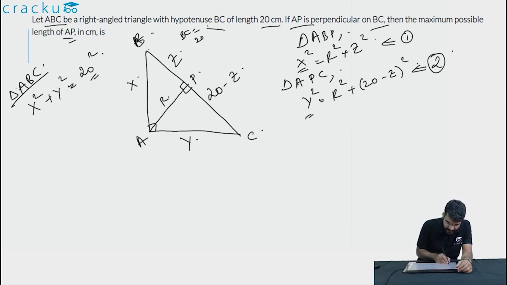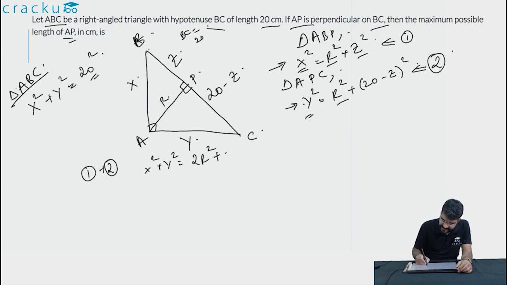So that is what we are going to do next. So we will add 1 plus 2, that is these two equations. So x square plus y square is equal to r square plus r square, so that is equal to 2r square plus z square plus 20 minus z whole square.